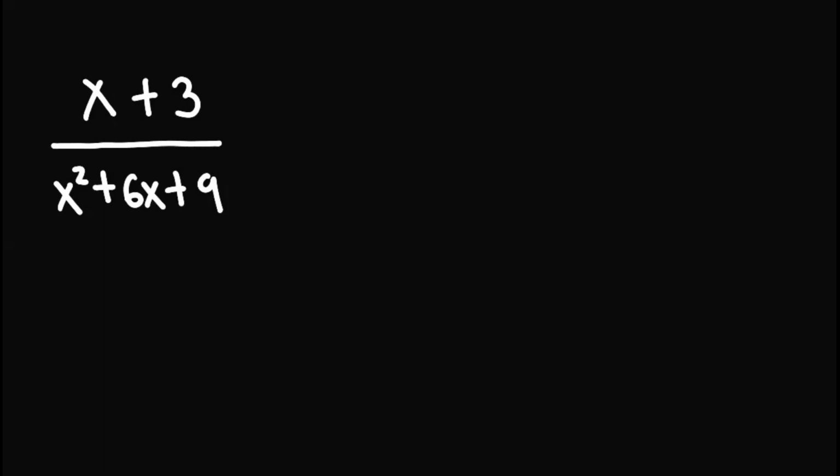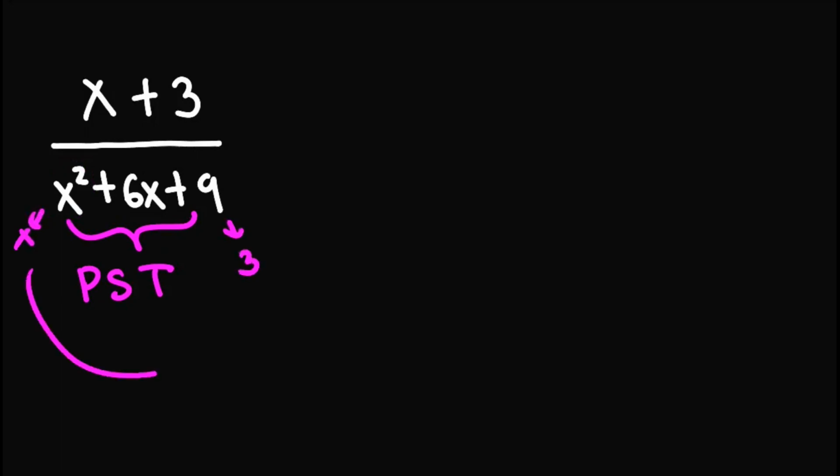In this example, observe that the denominator is a perfect square trinomial. Indeed, x squared is a perfect square and 9 is a perfect square. If we get their square roots, that is x and 3. Multiplying these, 2 times 3 times x gives us 6x, the middle term.